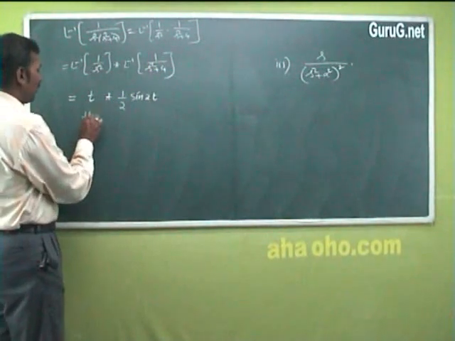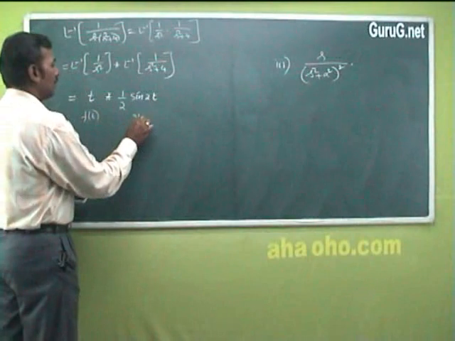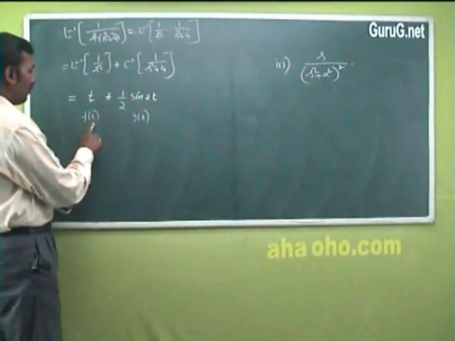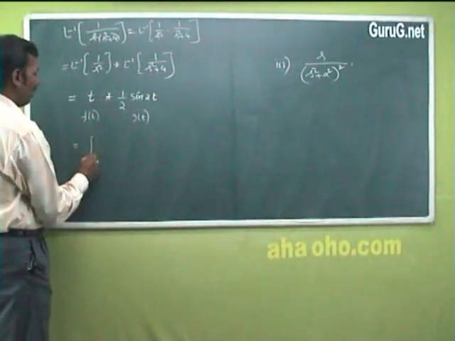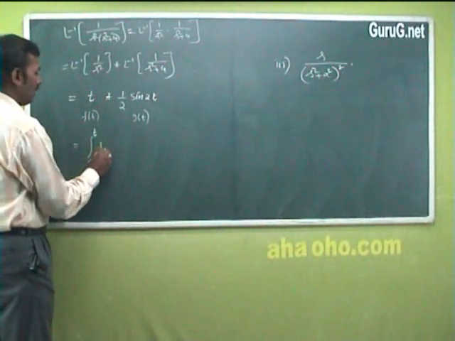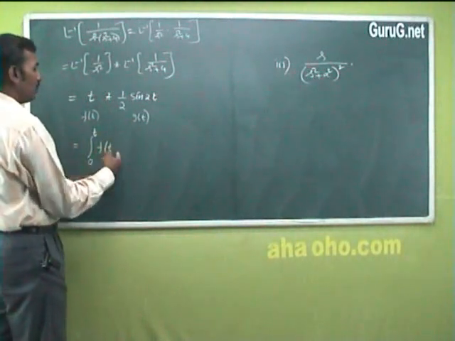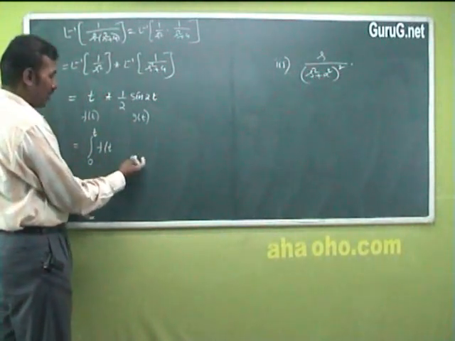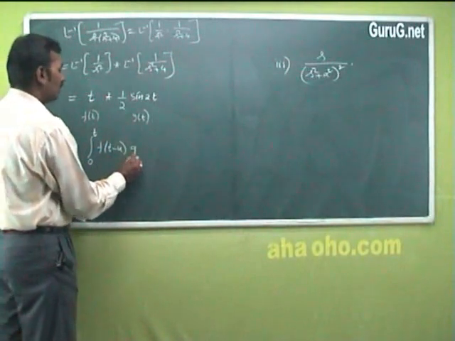So this is f of t and this is g of t. So f of t star g of t equals the integral 0 to t f of u, then g of t minus u, or f of t minus u g of u.